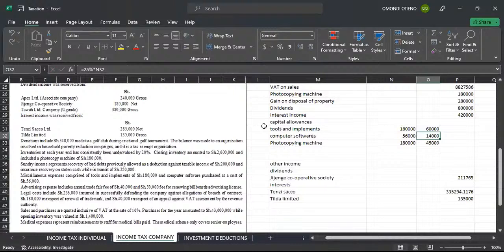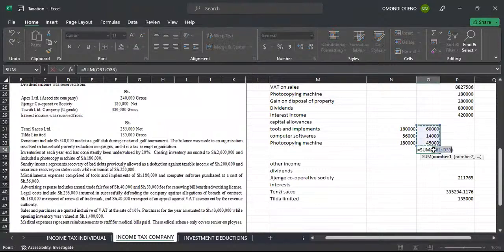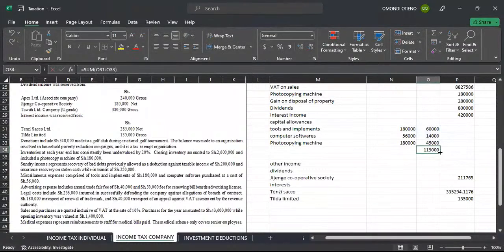So it means the capital allowances which is allowed to be subtracted or to reduce your taxable profit is going to be the summation of these three figures here. So that is the total capital allowance.